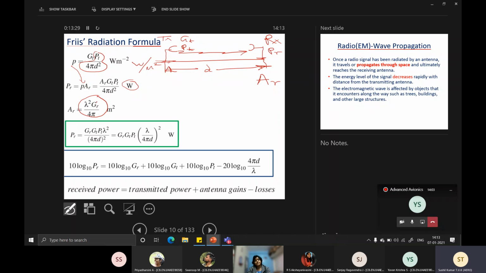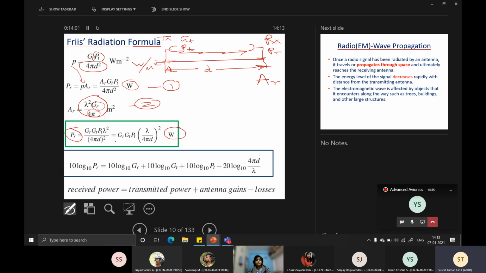This is lambda squared, 4 pi. So meter squared, meter squared. So you get the dimensions of the area. Now this is equation 1, and this is equation 2. So substituting this 2 in 1, you will get the actual power received in watts.